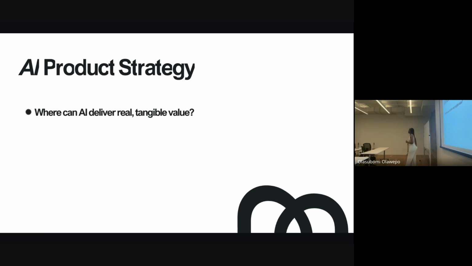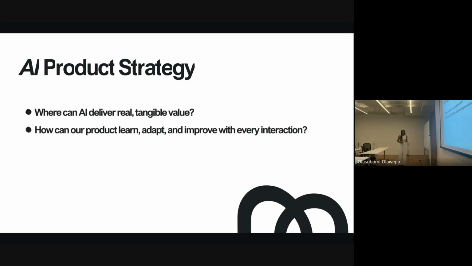Where can AI deliver real value? And as you think through the first one, I also want you to start thinking about the second question. How can my product learn, adapt, and improve with every interaction? The reason why AI is so cool is because it gives your product the opportunity to continue to grow without you needing to disturb the engineer constantly. So how can my product learn, adapt, and improve with every interaction?